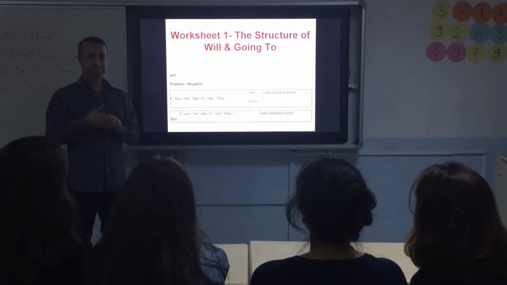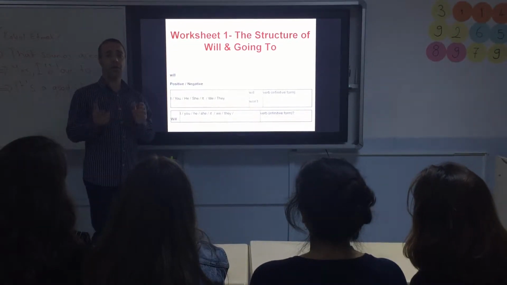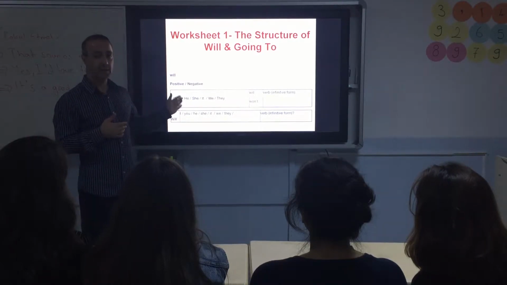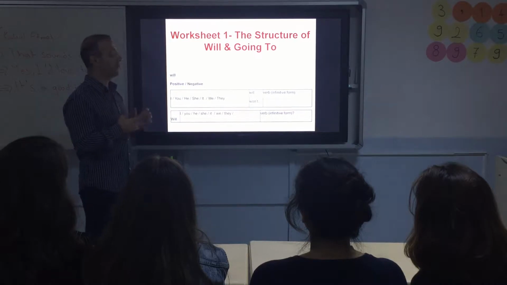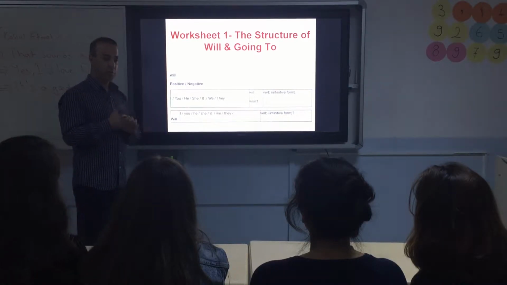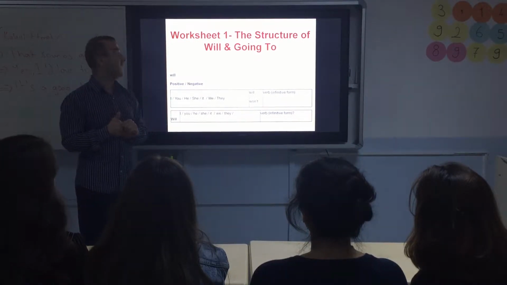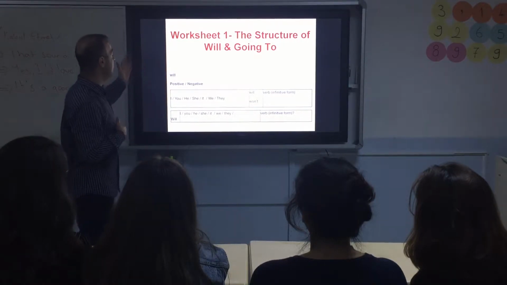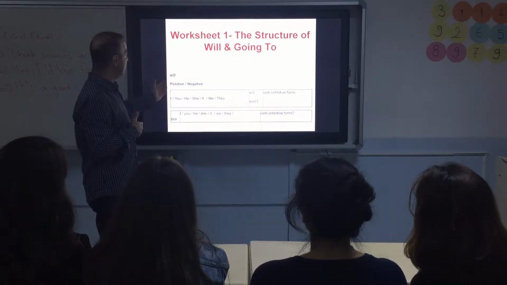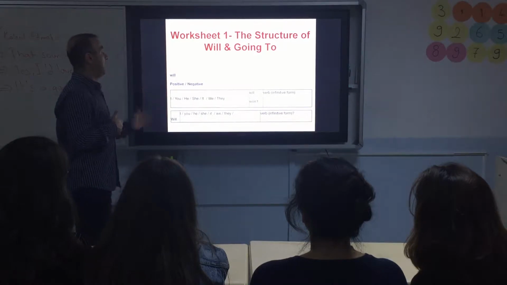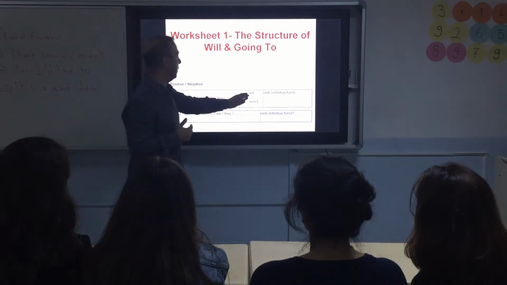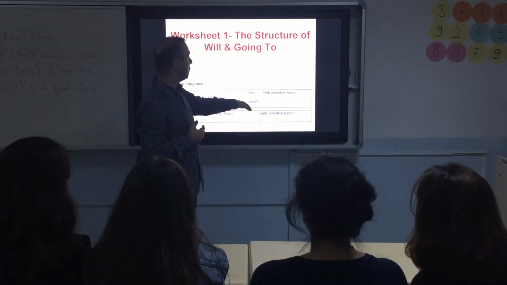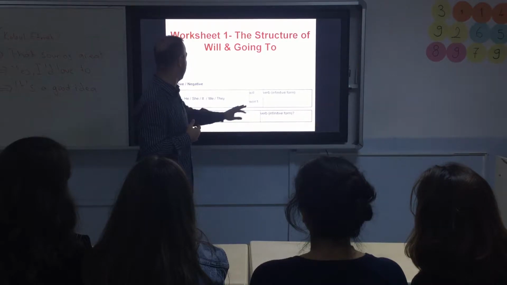Okay, now today our grammar focus will be on will and going to. As you remember, we learned the structure of future tenses. To recall them, let's check will and going to. This is the positive and negative, affirmative and negative forms of the structure. For the pronouns, we use will, and for the negative, we use will not, shortly won't.